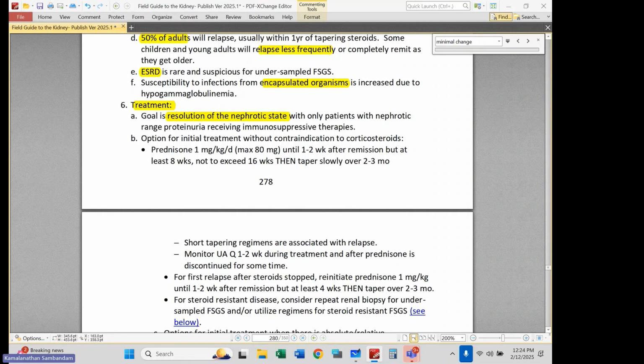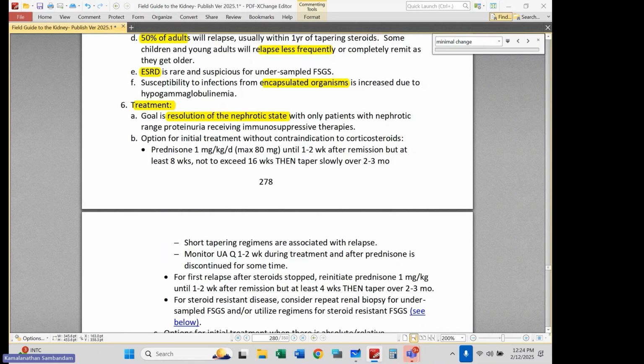There's some controversy in FSGS in particular, where people have published worse prognosis with 2 grams of proteinuria versus 3, and I always get the question, well, what do I do with 2.8 grams of proteinuria versus 3.2 grams of proteinuria?